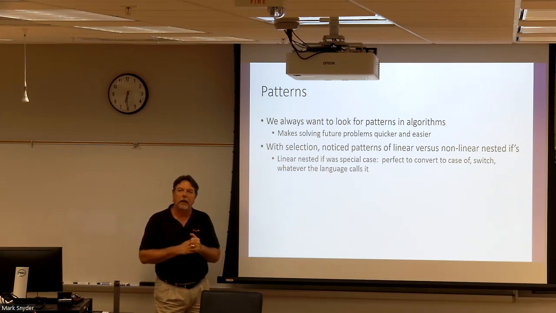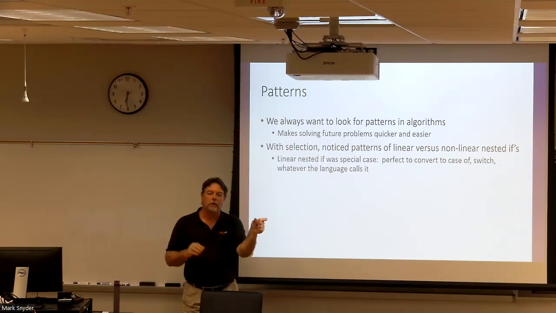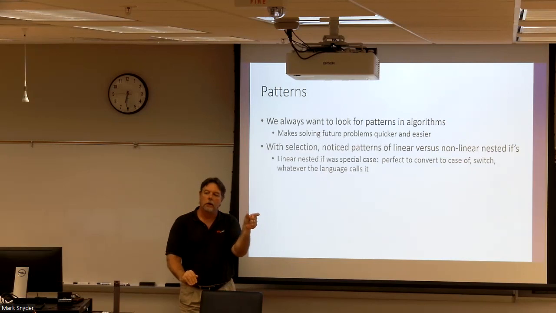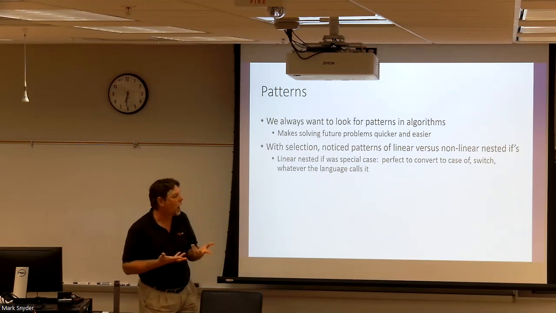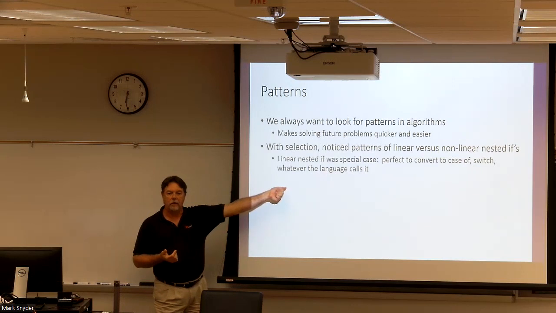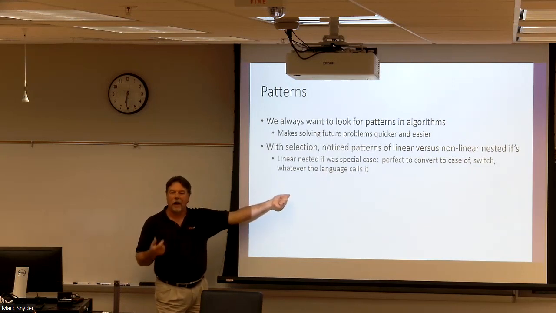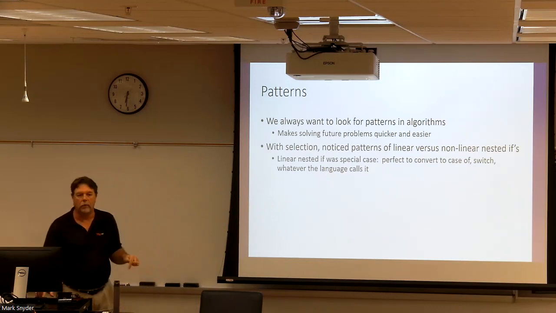If I had one variable that I was checking for a bunch of different values, I keep seeing that pattern over and over again. Since it's so common, they gave us a specific pattern to make it easier to write that kind of selection statement. We've got the same thing with repetition.